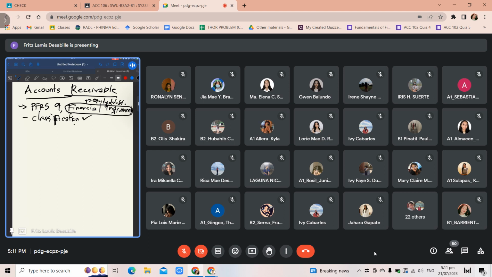So that's basically the summary of the classification of PFRS 9. But it's much, much deeper than that. It also talks about measurement. So when we talk about measurement, guys, natay duha ka measurement: initial measurement and subsequent measurement. How do we measure accounts receivable upon initial recognition?